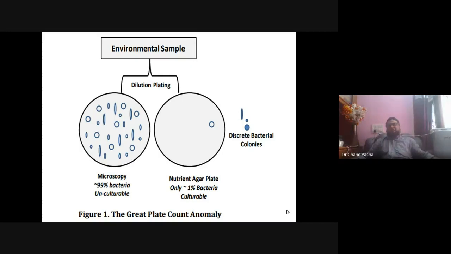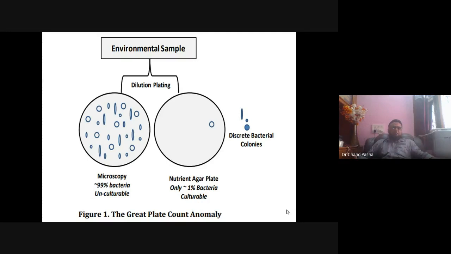What are the reasons for it? Because the majority of bacteria are unculturable. Only 1% of the samples from an area are culturable bacteria. There are some exceptional cases, like hot springs, where almost 100% of bacteria are unculturable. Some bacteria grow at very high temperatures, for example one that grows at 1500 degrees Celsius.